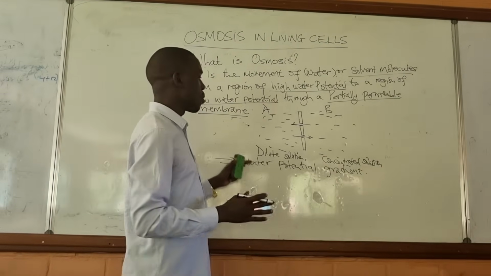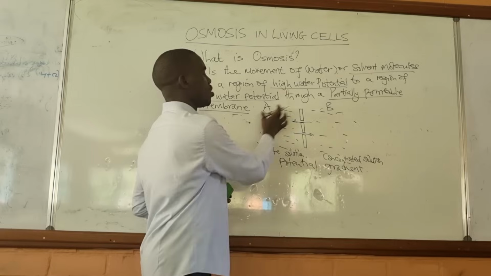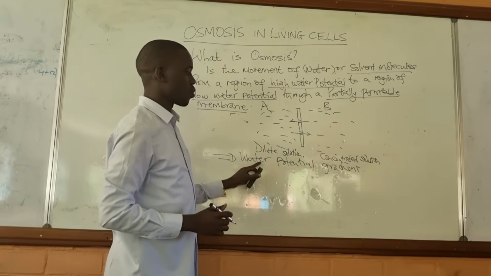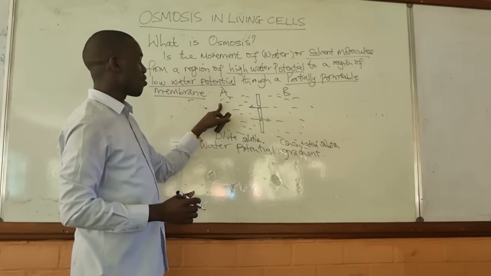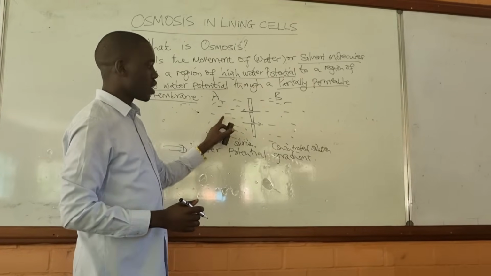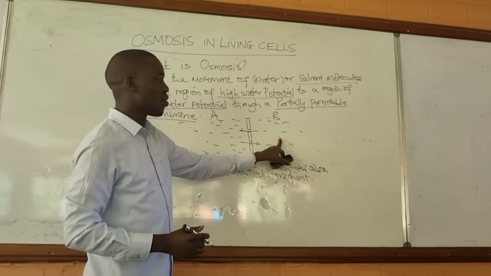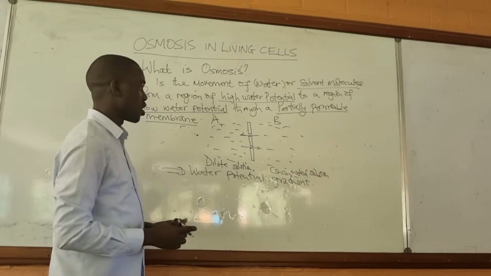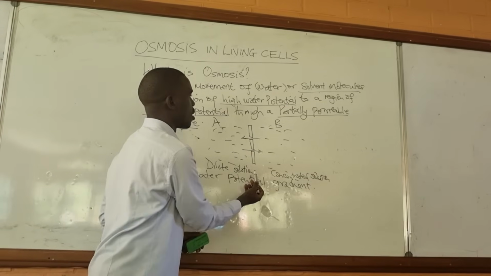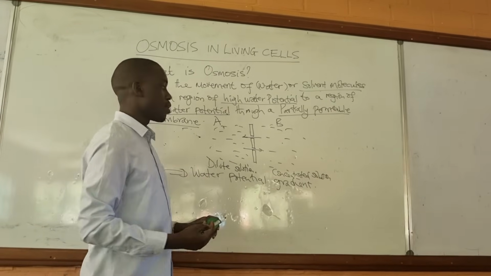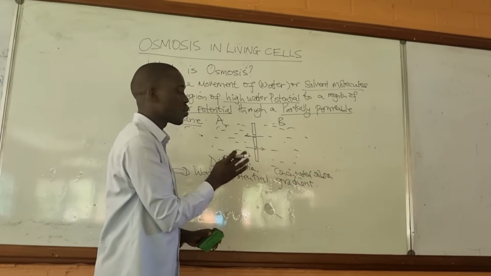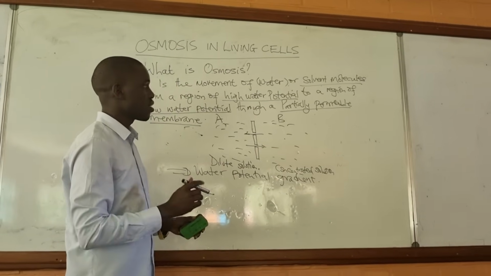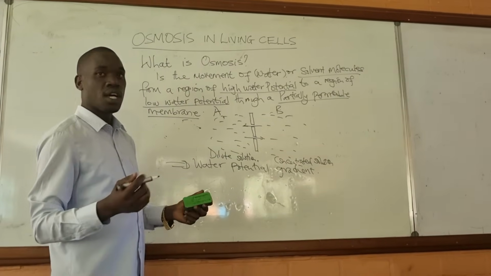Water is able to move from one region to another because of a water potential gradient: one region having high water potential, and another region having low water potential. So here is our membrane, which is partially permeable, and can allow some substances or molecules to pass through it, whereas it does not allow others.